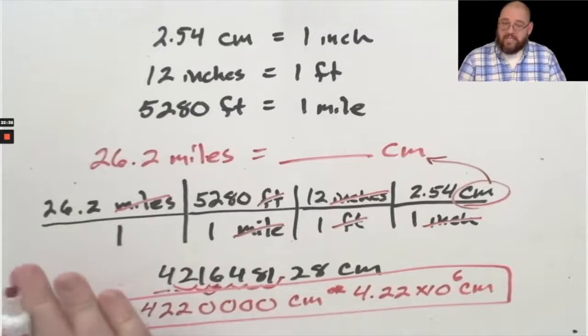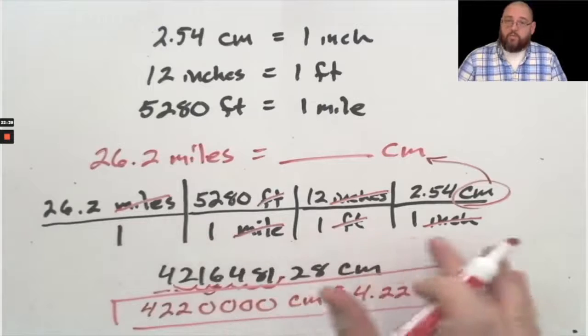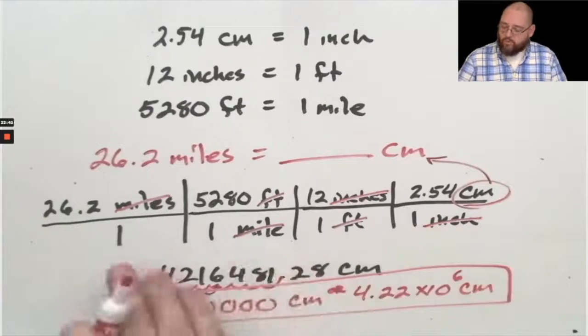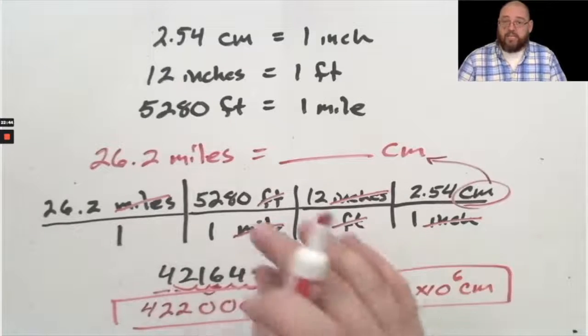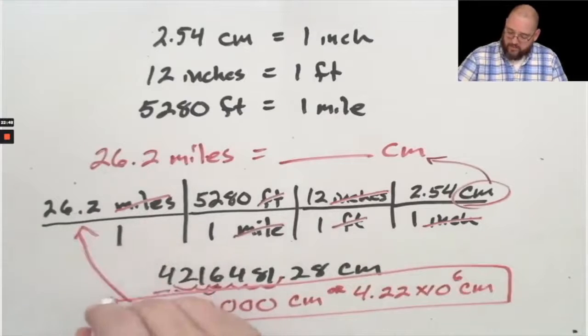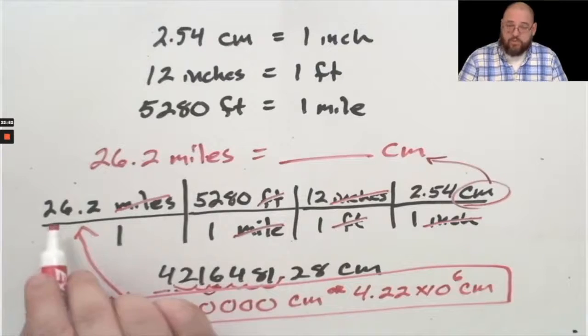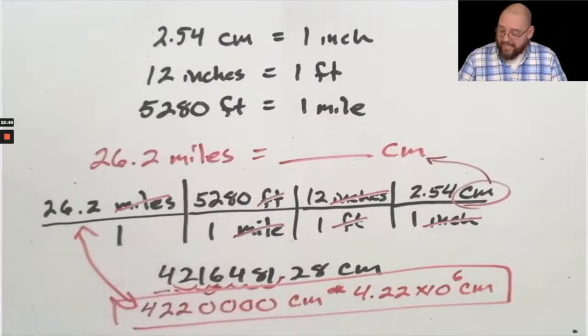So once again, our unit conversion is simply multiplying by the right amount of 1 in order to cancel out and change the unit so that we get equal quantities. These are equal quantities in different units. So 26.2 miles is 4,220,000 centimeters.